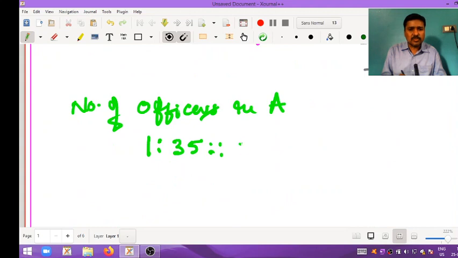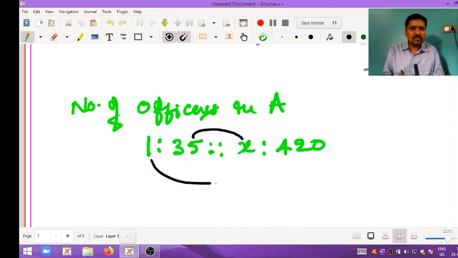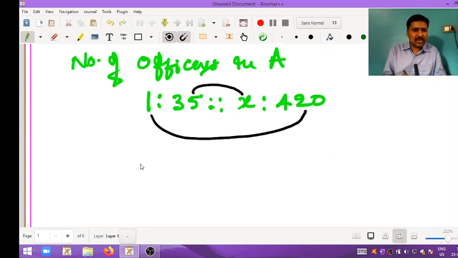For that purpose, we choose a compound ratio. Let us take the number of officers as x is to 420. Now the rule is, product of extremes is equal to product of the middles. So that is 35 into x is equal to 1 into 420.